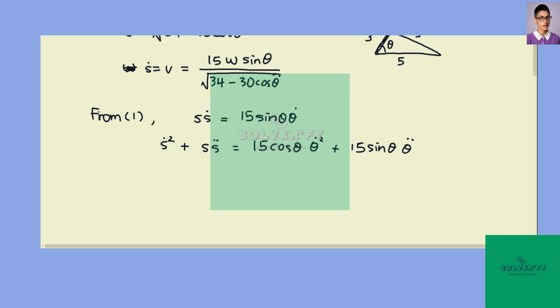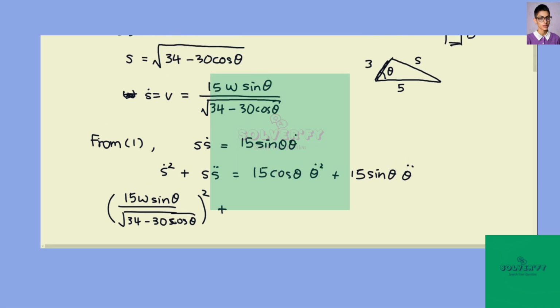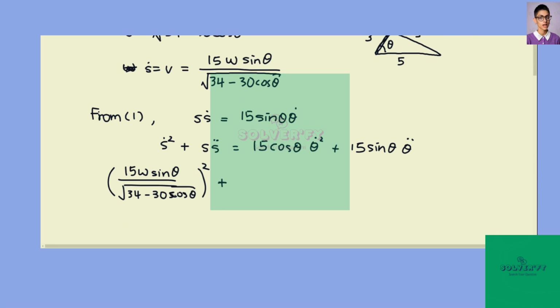Right now we can just substitute everything inside. We have 15 omega sine theta divided by the square root of 34 minus 30 cosine theta, this whole thing squared, plus s, which is found to be the square root of 34 minus 30 cosine theta.